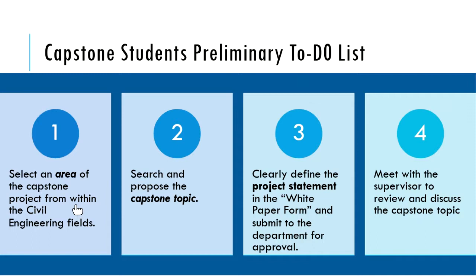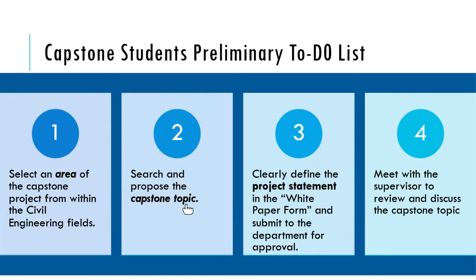You should first of all select an area in which you want to work, and make sure that you have taken enough elective courses in that specific area so you'll be successful. Okay, the second step is that you want to search and propose the capstone topic.